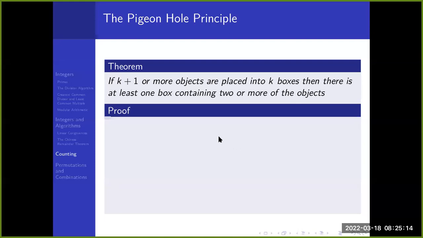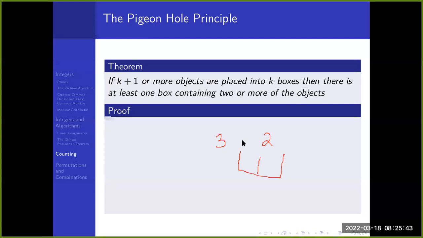Suppose I have 3 objects, so k is equal to 2. I have 2 boxes and 3 objects. The claim here is that if I put all these 3 objects into my 2 boxes, one of the boxes will have 2 or more objects.